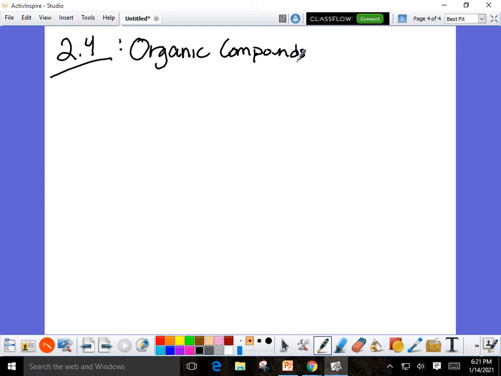It's not the lack of fertilizer that makes a compound organic. Organic has everything to do with the presence of carbon. Not every carbon-based compound is considered organic. Methane, CH4, is actually inorganic, but most compounds that contain carbon are going to be considered organic.